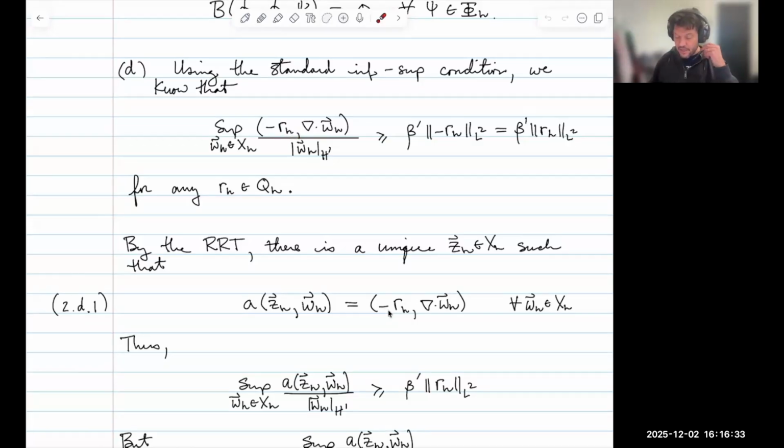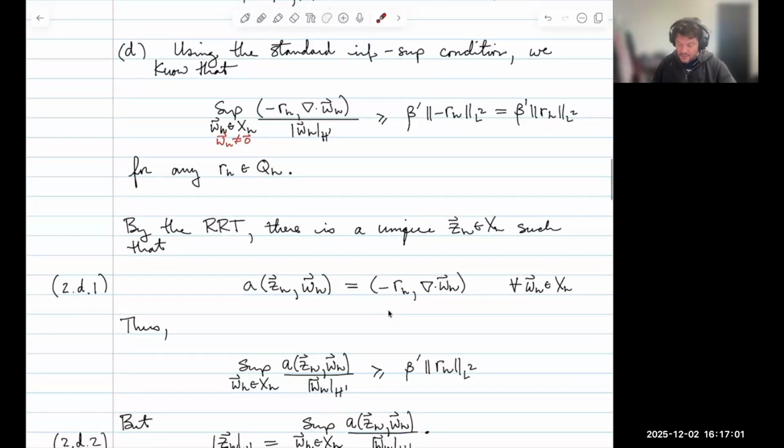If RH is an element of QH, then minus RH is also. And so the inf sup condition says this in that case, except we probably need to add that WH is not equal to 0. Okay, so in that case, everything is straightforward. There's the inf sup condition.